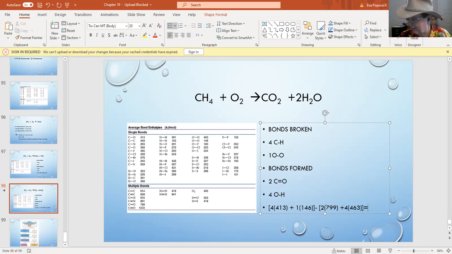So I get 1652 plus 1798 minus 1598 minus 3450. No, that's not right. Negative 1652 as the total could be. So I got 1798 minus 3450.